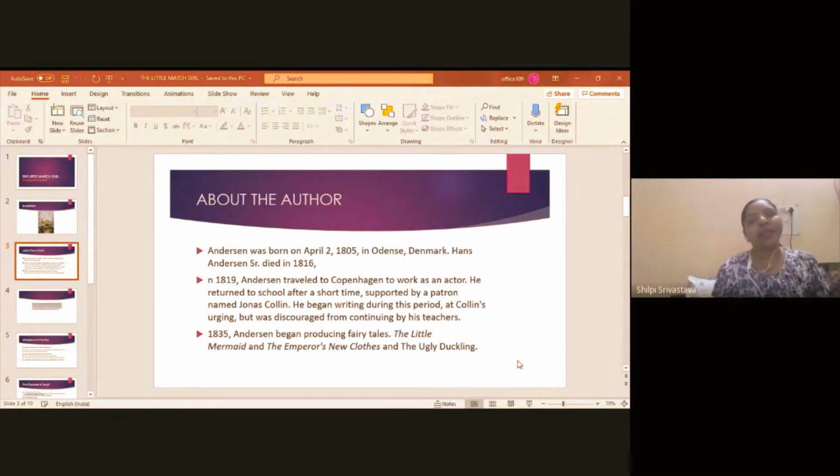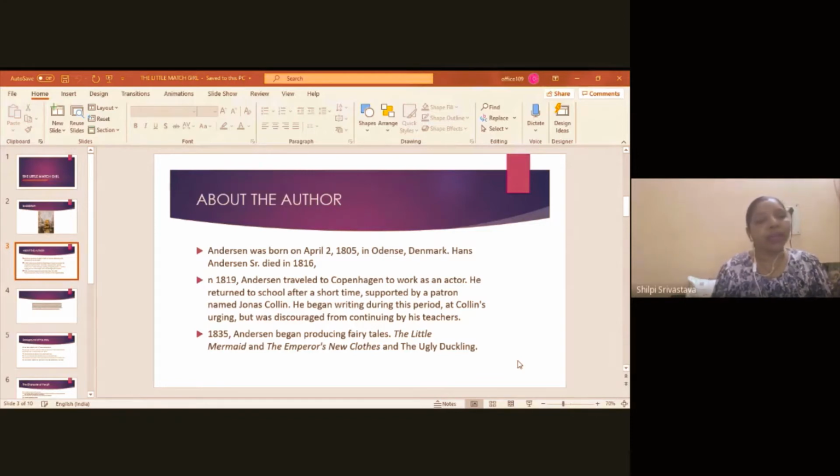So Andersen was born on April 2, 1805 in Denmark. Hans Andersen Sr. died in 1816. And in 1819, now Andersen Sr. was his father. All right. So in Europe, there was a trend, like in India, some states of India have this culture that you need to write your father's name along with your name.